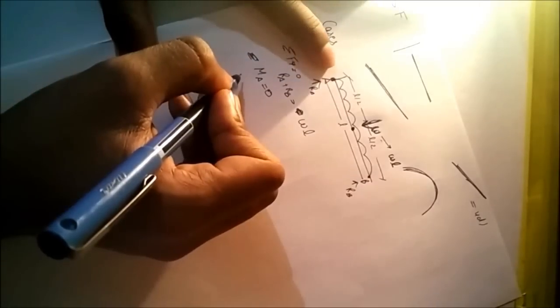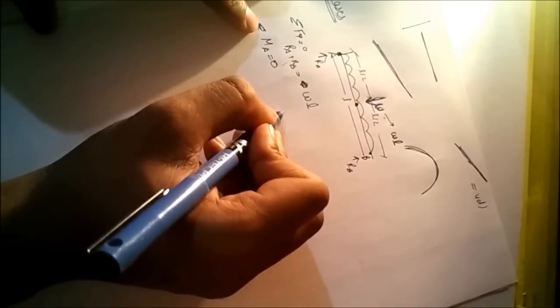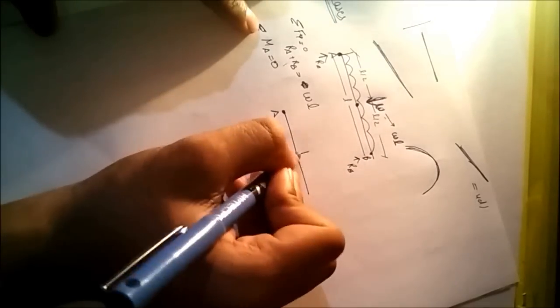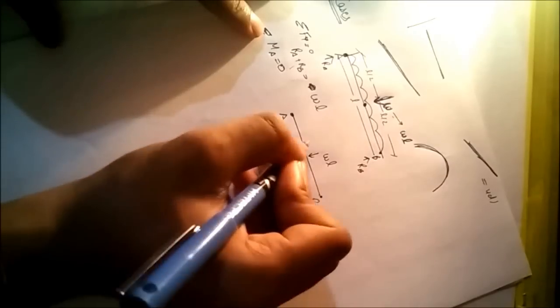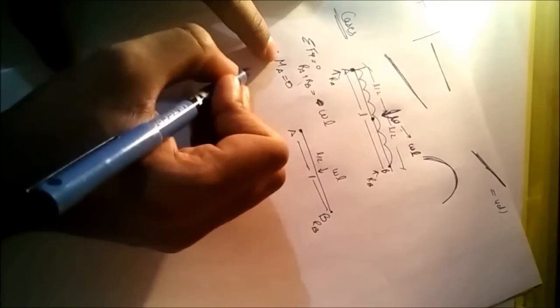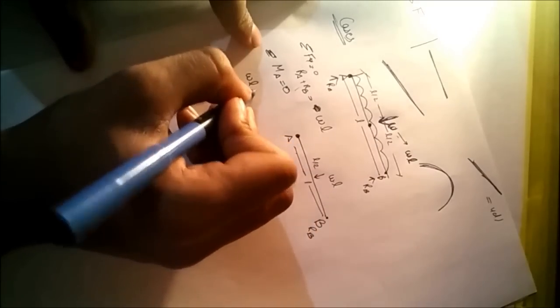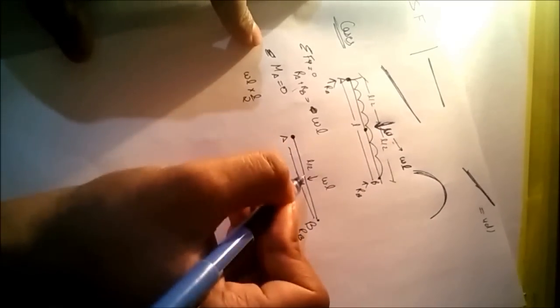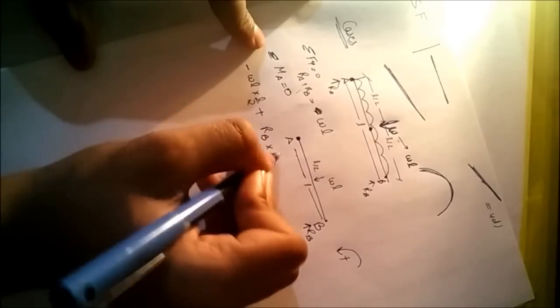Taking moment at A, we make a free body diagram with omega L acting at L by 2, and Rb at B, at distance L. MA is omega L into L by 2, taking this side positive, so it will be negative, and Rb into L is positive, equal to 0.